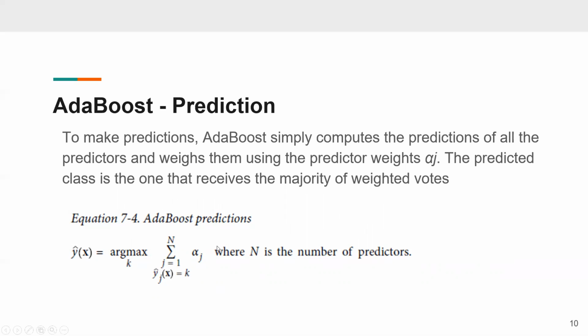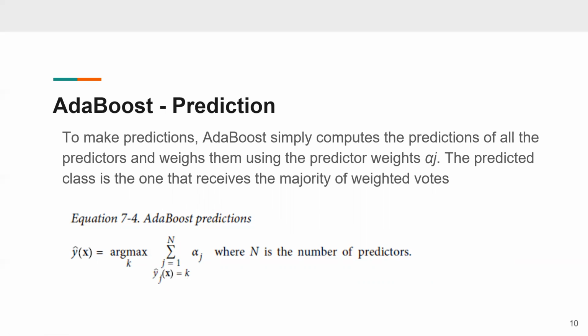From the first predictor all the way to n, you take the summation of the predictor weights alpha j, given that for the jth predictor, your y estimate equals k, a particular class k, and then you find the maximum and highlight that as your corresponding prediction.